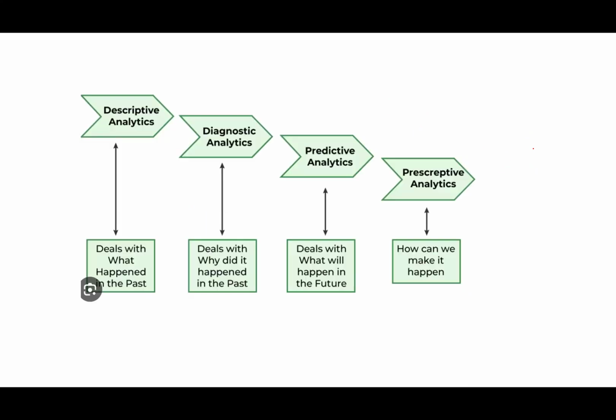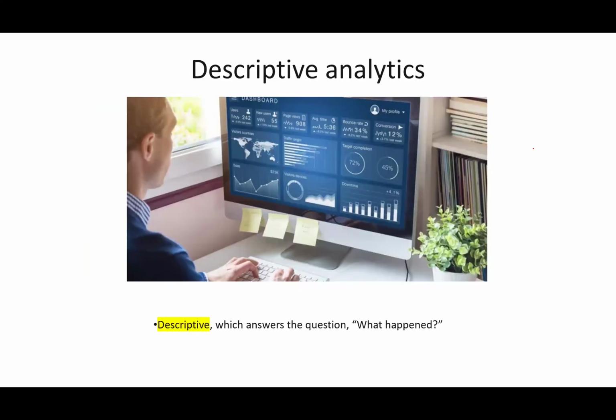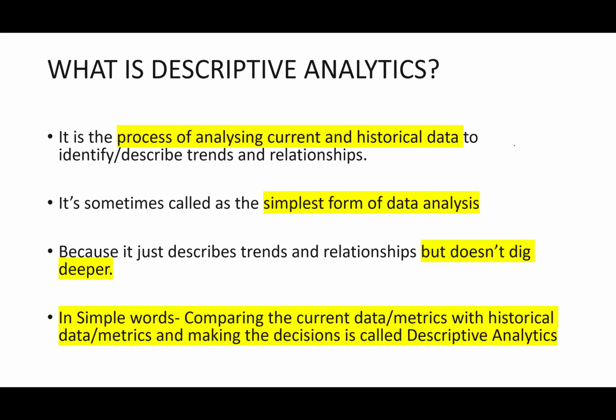Basically, descriptive analytics will answer the question: what happened? For example, an earthquake has happened in Japan. In 2024, it will compare the current data with the historical data. In 2024 we have an earthquake of 7. In 2023 it was 6. Why has the earthquake increased from 6 to 7? This is nothing but descriptive analytics.